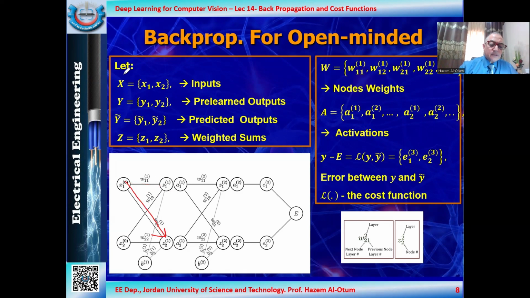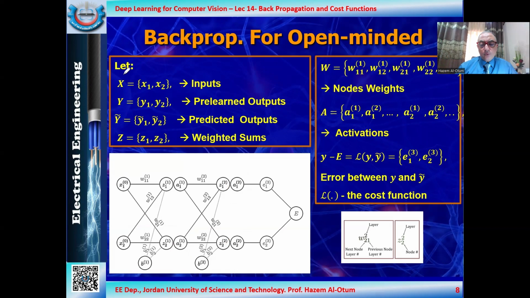W12 is this branch. So at layer 1, we have W21. It bridges node 2 with node 1 from the previous stage, and so forth. Here the A values are A11 and A21, which means the activation functions for the branch A1 at layer 1 and for node 2 or branch 2 at layer 1. And the same thing for A12 and A22.